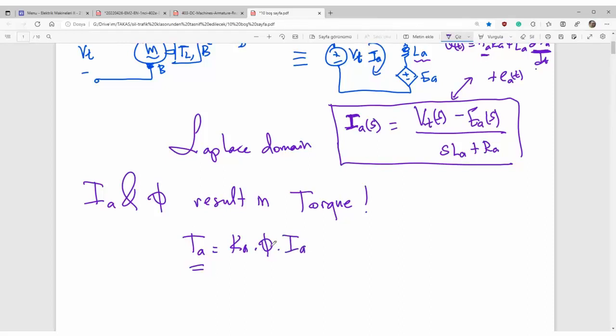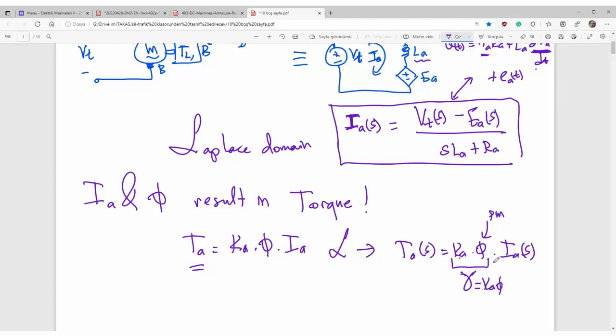In Laplace domain, T_A(s) equals Ka times flux times I_A(s). Due to permanent magnet poles, flux is constant and Ka is constant. Those two make, let's say, gamma, a coefficient I have assigned. Gamma is equal to Ka times flux. So the Laplace domain torque is equal to gamma times armature current in s domain.